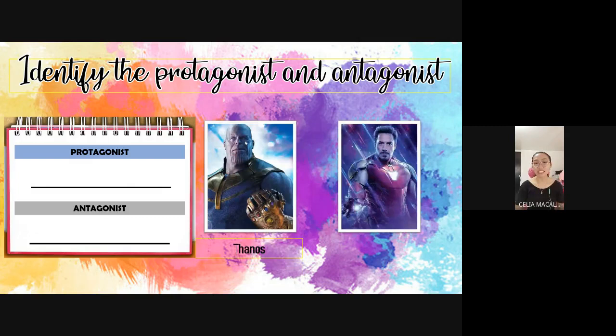Next one, let's try it. We have here Thanos and Iron Man. So who is the protagonist and who is the antagonist? Of course, we have our protagonist, Iron Man, and our antagonist, Thanos. Very good.